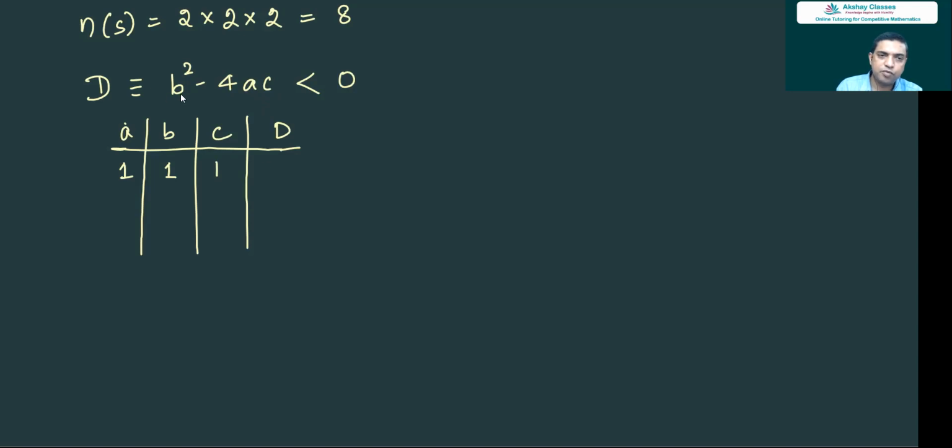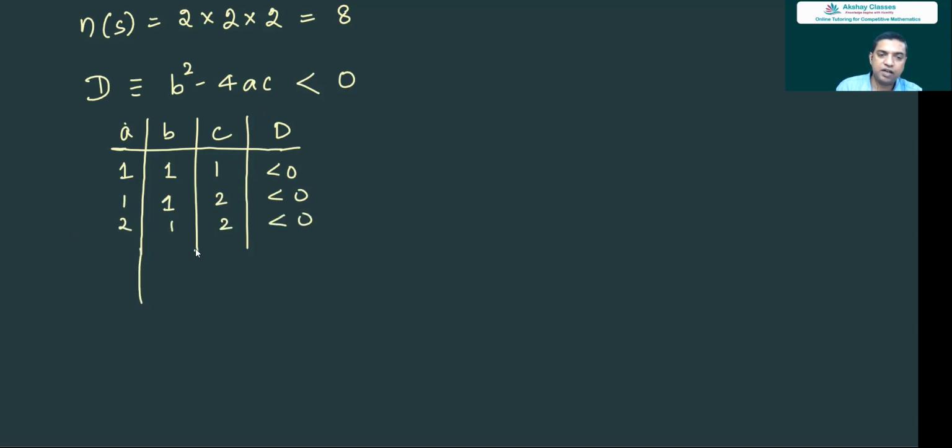So the discriminant will be 1 square minus 4, which is negative. So if B is 1, no matter what we choose for A and C, we'll get negative.